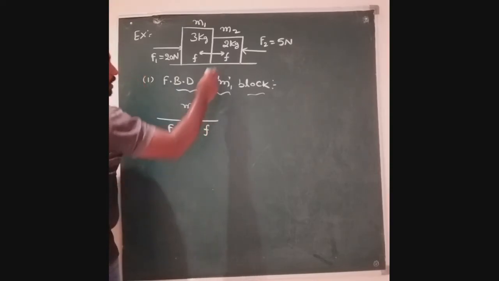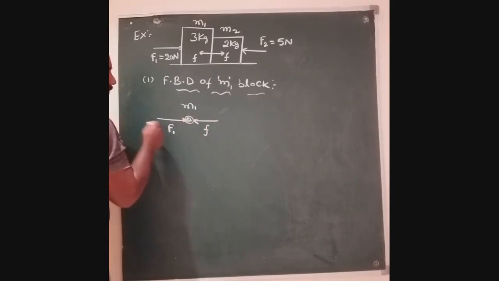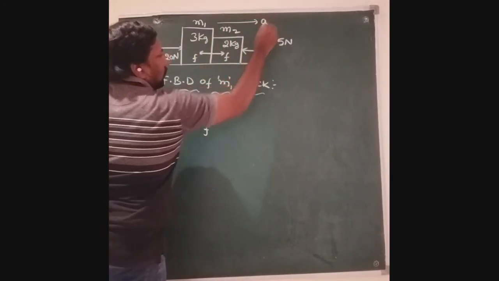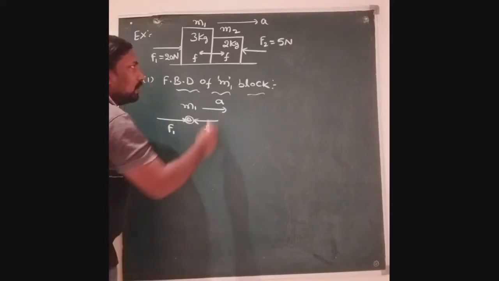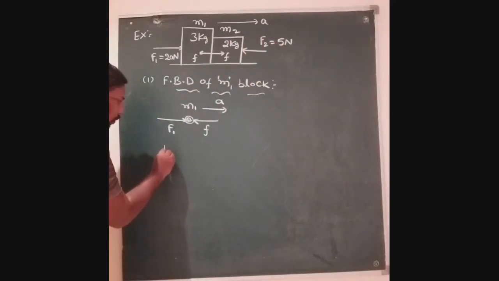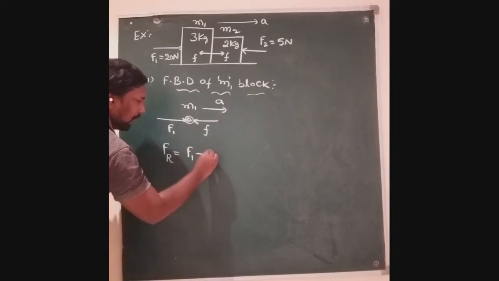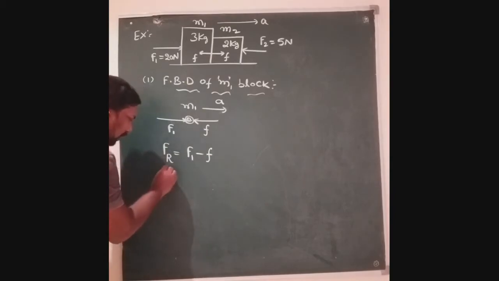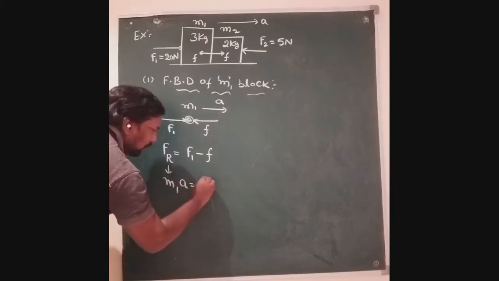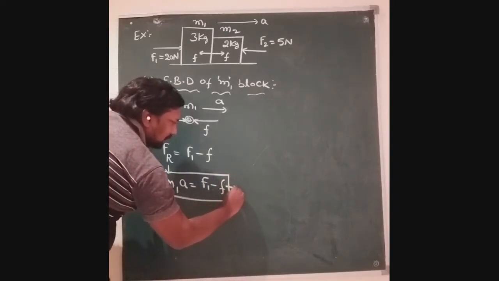The contact force between the M2 block and M1 block, small f, is acting right to left. Both blocks move together with the same acceleration a from left to right. Therefore the resultant force acting on the M1 block is F1 minus small f. According to Newton's second law, F equals ma, that is M1a equals F1 minus small f. This is equation number 1.